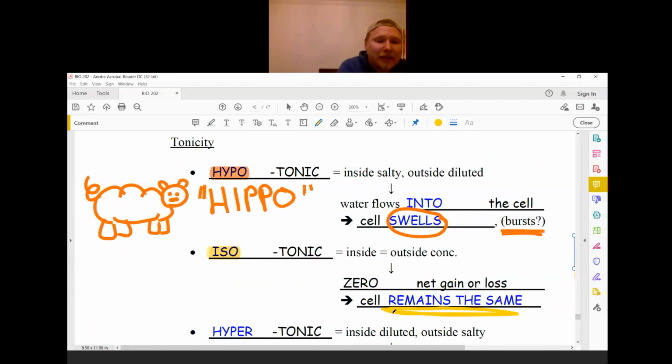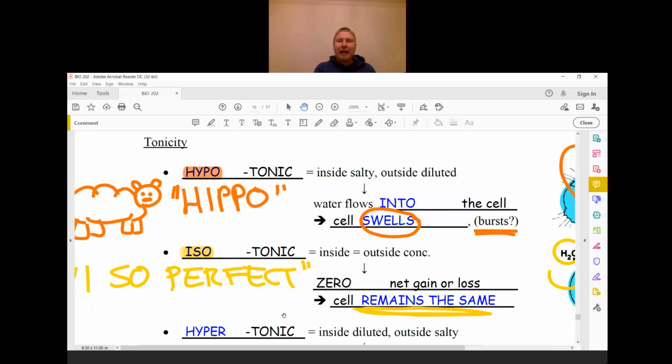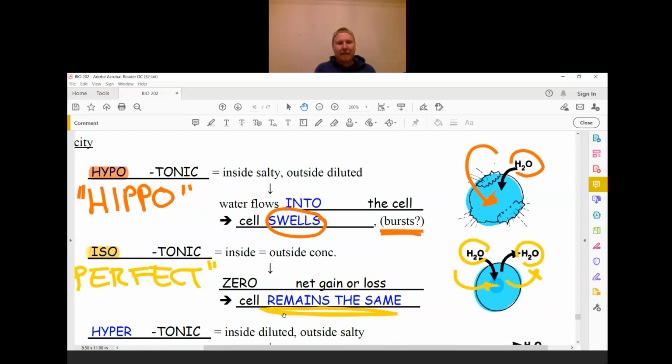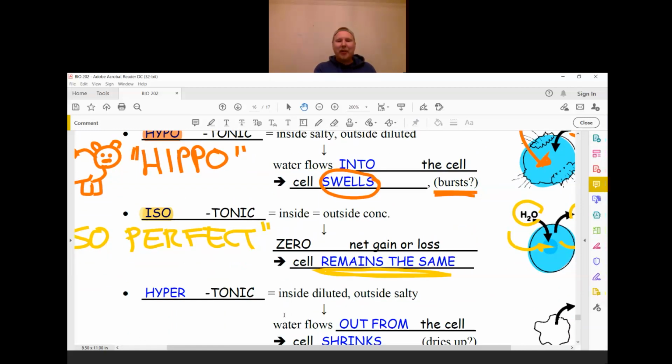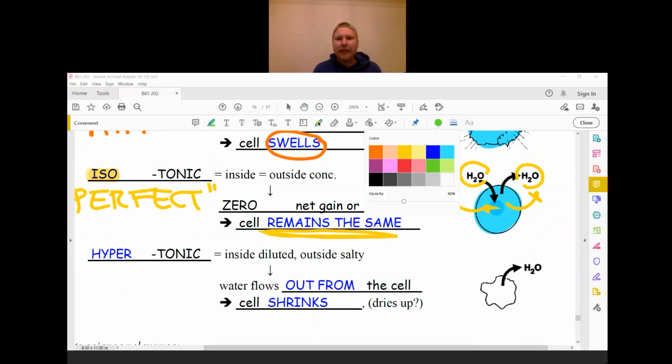And how I think of this is that if I see isotonic cells, I think of those isotonic cells saying that they're so perfect. They're perfect, they don't need to change, they can remain the same size. And the final tonicity case that I wanted to discuss with you guys is the concept of hypertonicity.